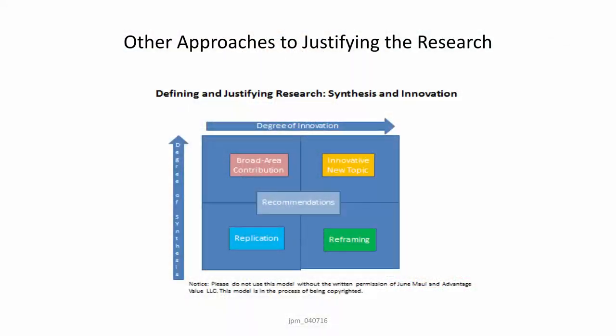When you go up a little bit in terms of synthesis but not innovation, you have these broad area contributions. So I mentioned the one that there's a lot of research in psychology and education and even business on what is the relationship between leadership practices, organization characteristics, and organization performance.